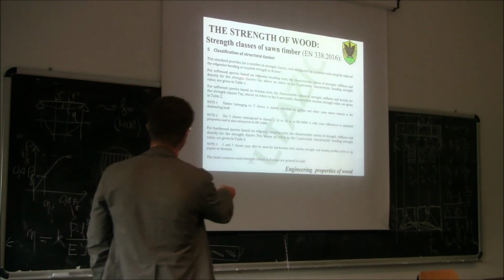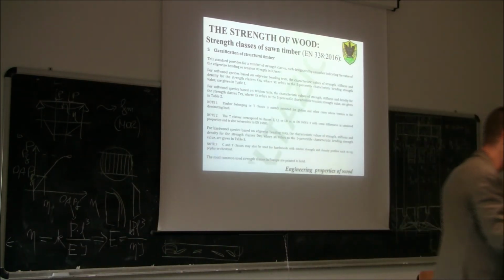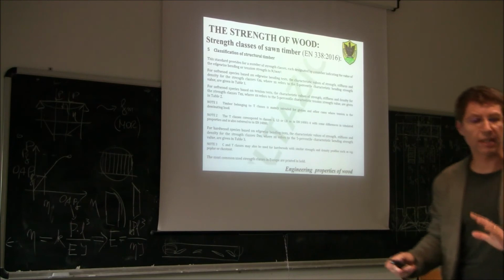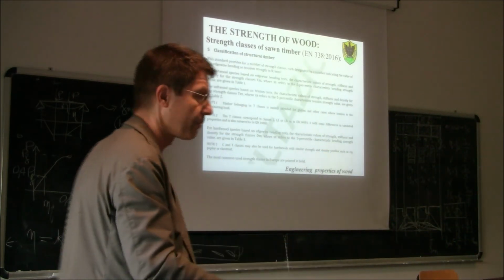So for softwood, we have different tables for softwood, conifers, and hardwood. 95% of the wood that we are using now in Italy, and in Europe, is softwood, so conifers. 5% is broadleaf, hardwood. So the vast majority is softwood.